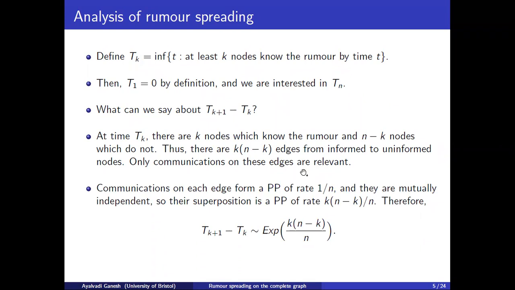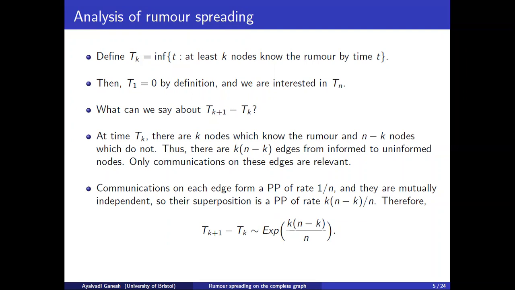Okay, so let's pick one such edge. When do communications on that edge happen? They happen according to a Poisson process of rate 1 over n. We saw that already. That's per edge, and then there are k times n minus k edges. So what's the total process of communications happening on all these edges going from this set to that set?